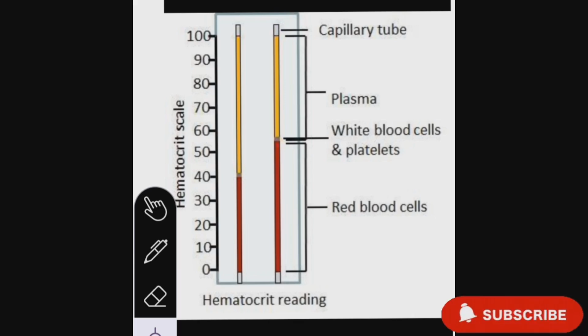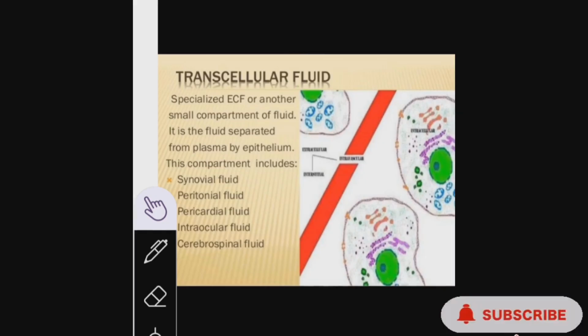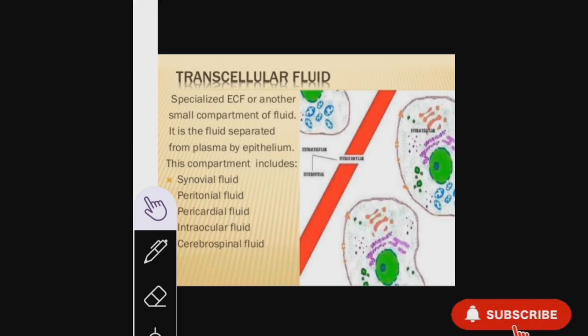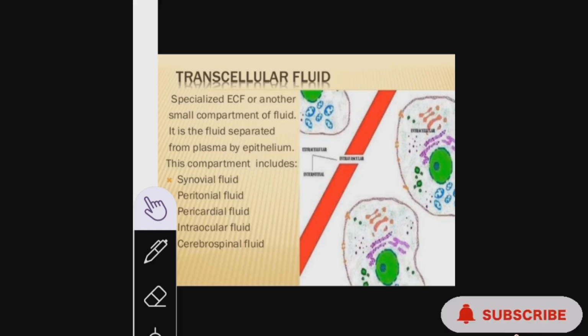Take note. Now, it's also very important to quickly mention that it is not only ICF and ECF we have. There are also some specialized fluid compartments in the body. For example, the cerebrospinal fluid, the peritoneal fluid, pericardial fluid, synovial fluid, and fluid inside body cavities. Together, these fluids that are neither intracellular nor extracellular are called transcellular compartments.